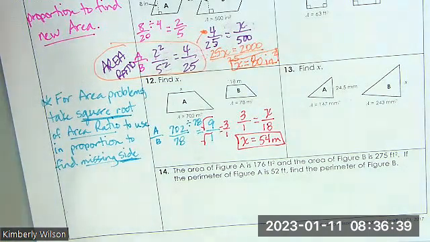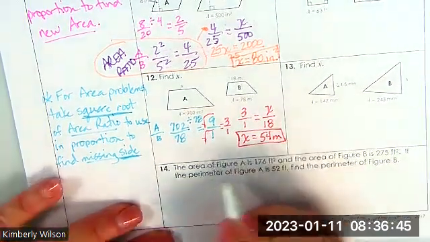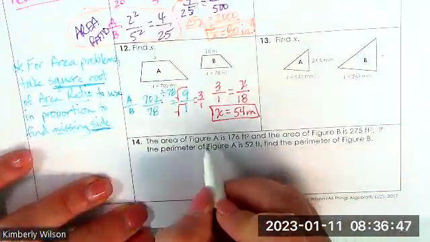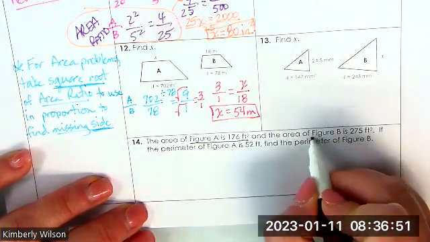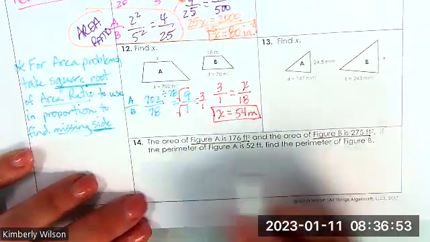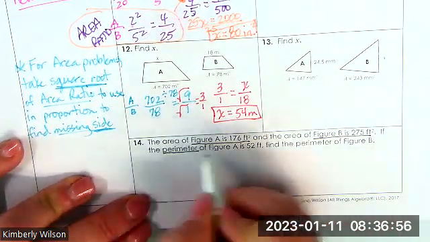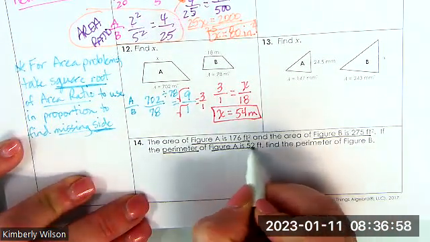Last one, talking about 14. It gives me the area of figure A. Figure A is 176. The area of figure B is 275. If the perimeter, oh, we're talking about perimeter here. The perimeter of figure A is 52.